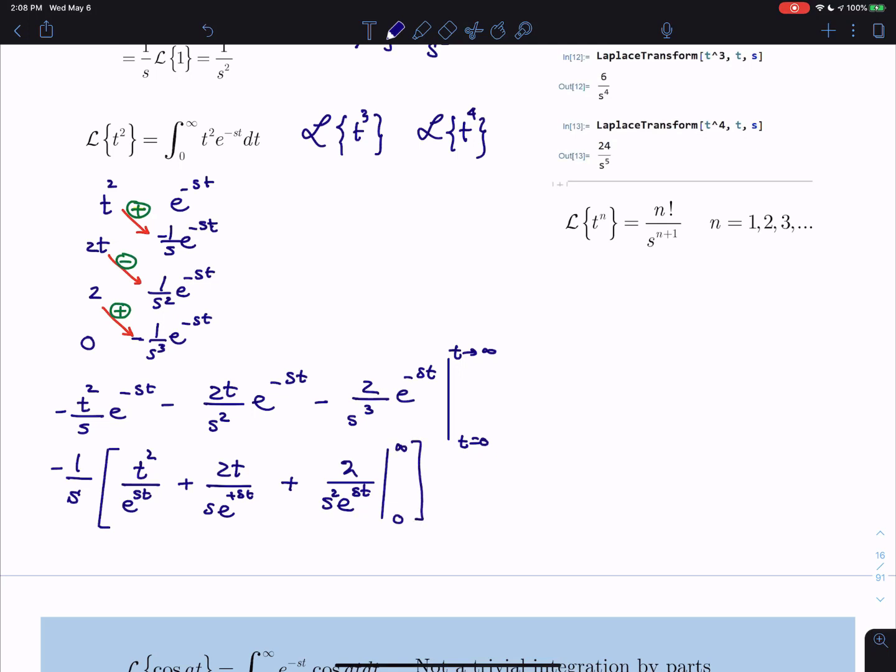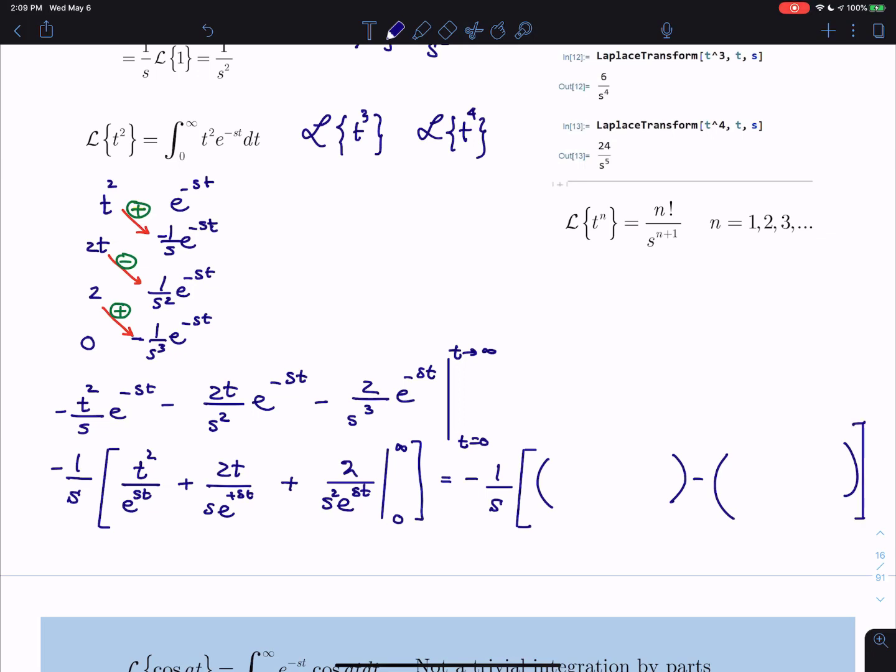Alright, so that's what I have so far. Now, keeping the minus 1 over s on the outside, and then just basically evaluating the inside, I'm going to have to end up again with 2 parentheses with 3 fractions, each one for the infinity, one for 0. So here's my infinity group, and here's my evaluated at 0 group.